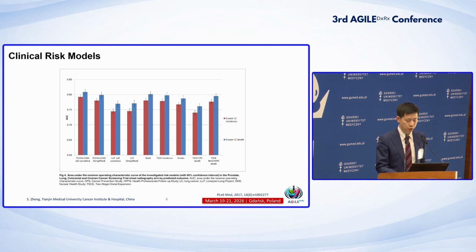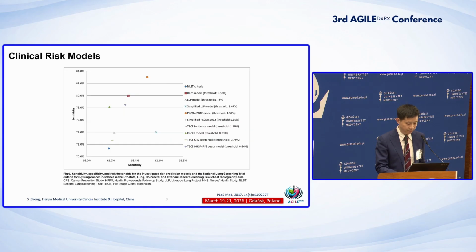A similar trend can be observed in this figure. Still, among these models, the PLCO and BAC models perform the best for incidence risk prediction on the PLCO chest X-ray dataset.